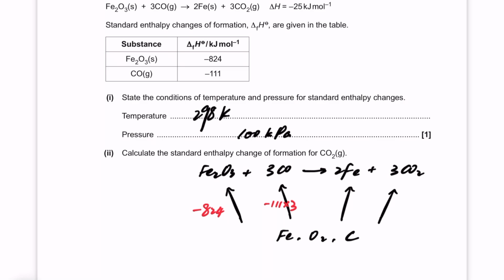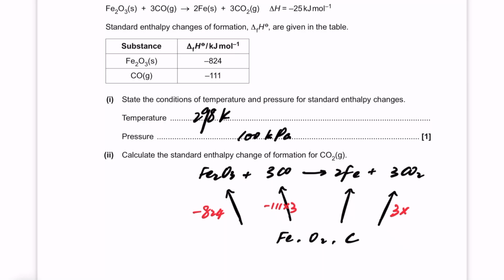For 3 portions of CO2, that is the thing that we are interested in. We don't know what the standard enthalpy change of formation of CO2 is, so maybe I can just write out the algebraic expression, 3 portions of x, but we don't know what x is. And then for the enthalpy change of the reaction, the question told us it is minus 25.